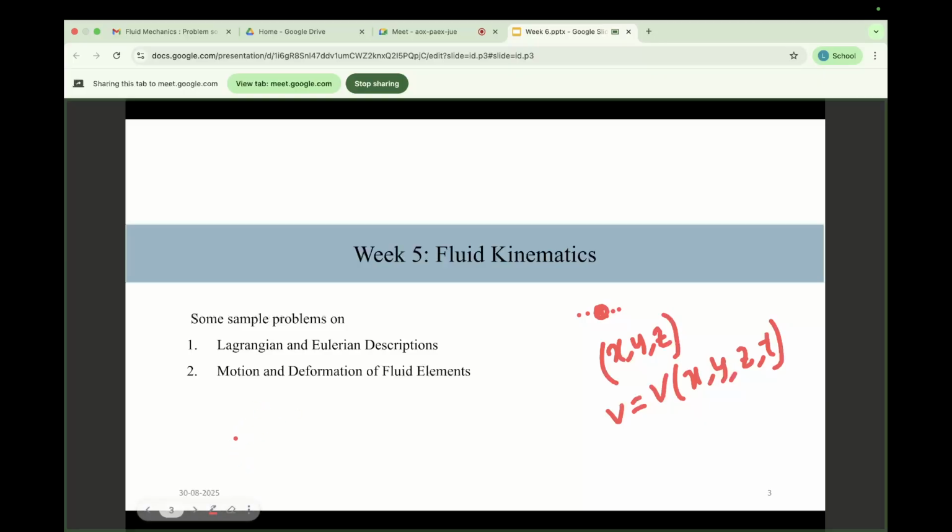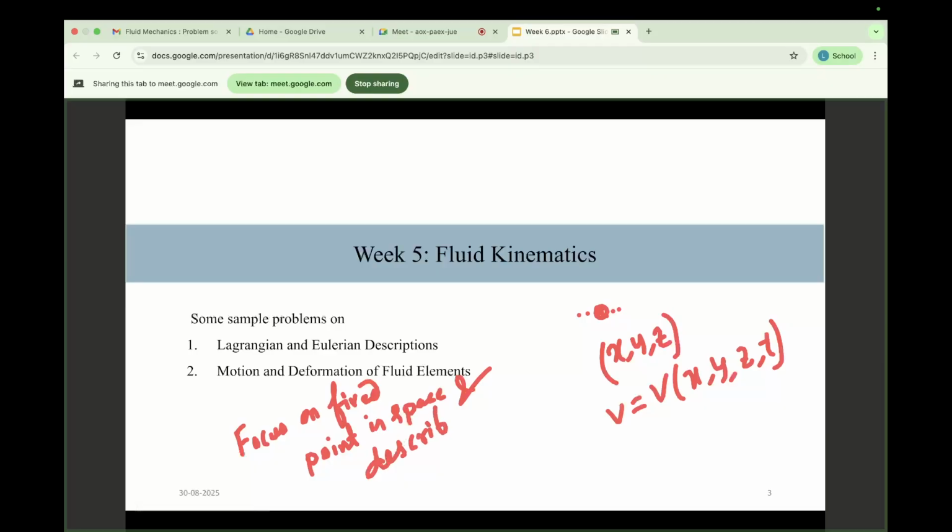So basically the main objective is that it focuses on a fixed point in space and describes how fluid properties change.